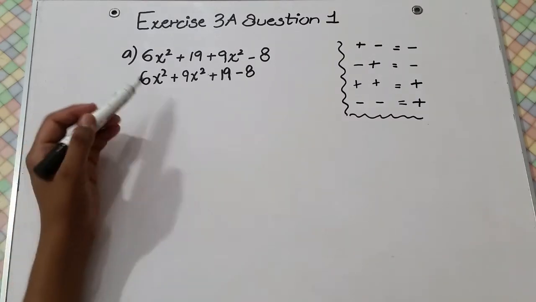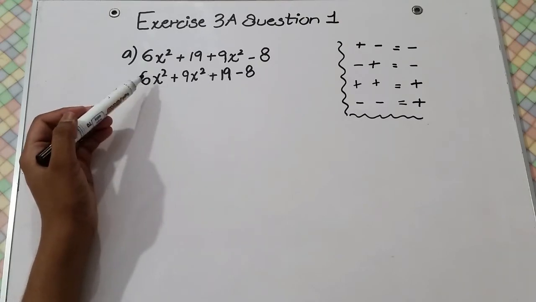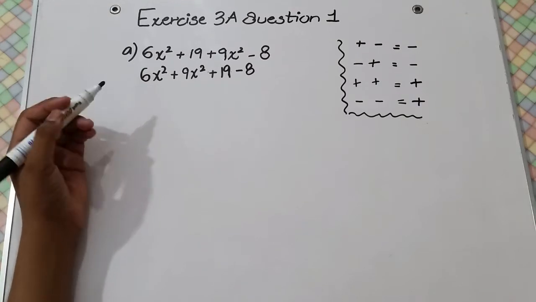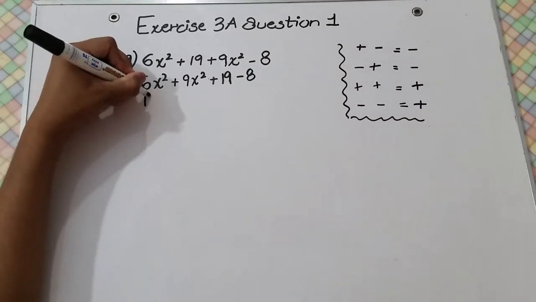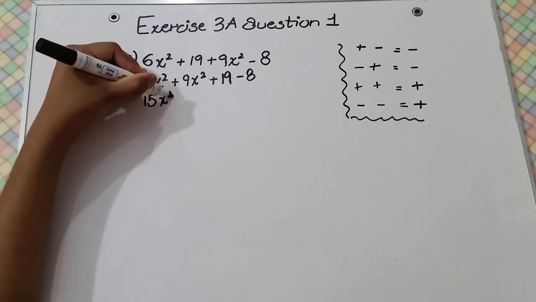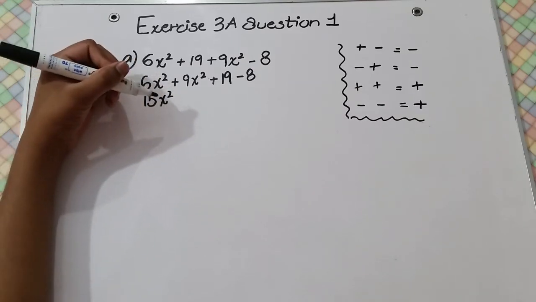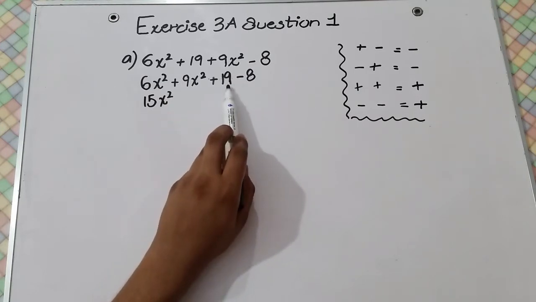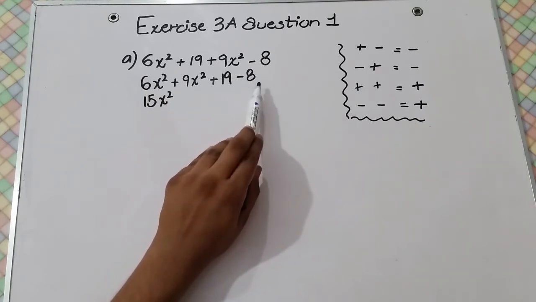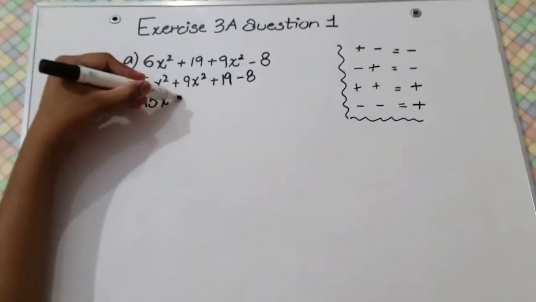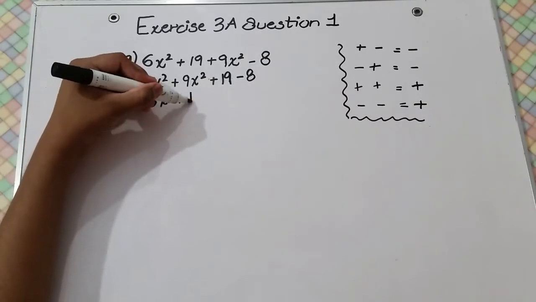So let's first solve this. 6 plus 9 is 15, and what is the variable? That is x square. Now we need to just simply subtract this. 19 minus 8 is 11, so that will be plus 11.